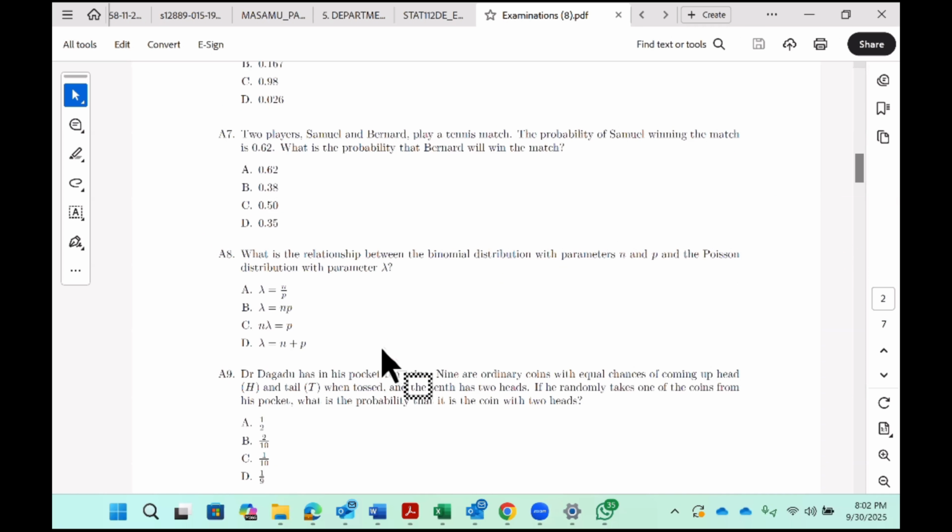Question 7 says that two players, Samuel and Bernard, play a tennis match. The probability of Samuel winning the match is 0.62.